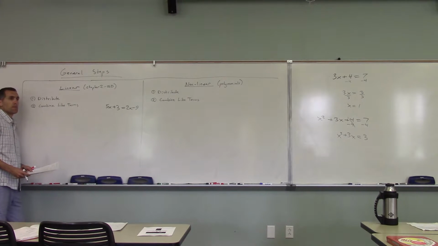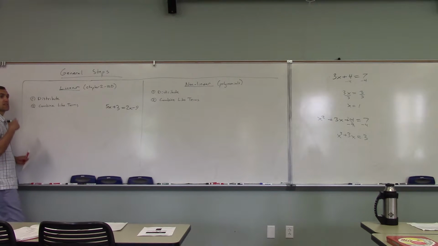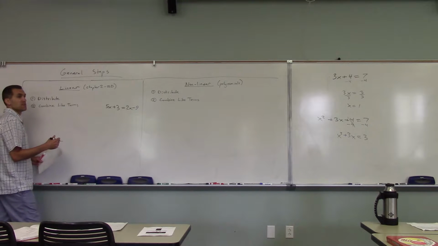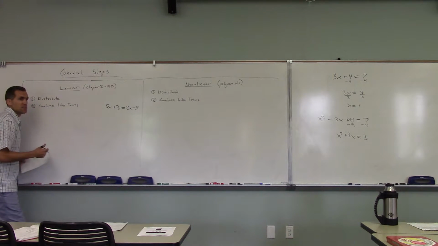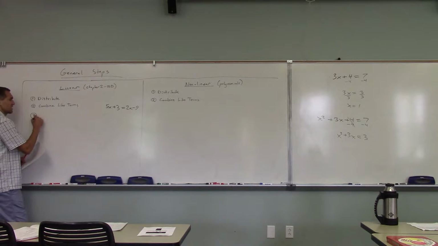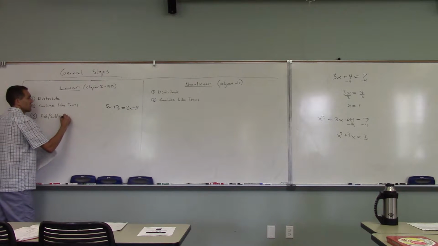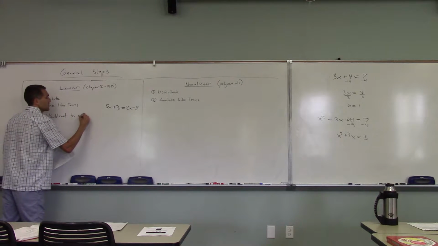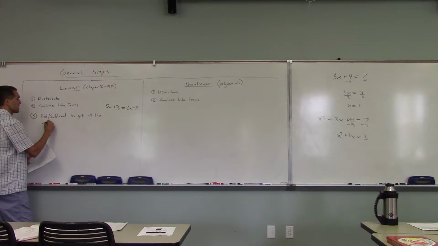When we move the 5x to the 2x, and then you subtract positive 3 with negative 9 to get negative 12. Or I mean just the big picture, why did you do those two things? Oh, so you can get them on two different sides and then get 0. Exactly. So we add, subtract to get all the variables on one side.